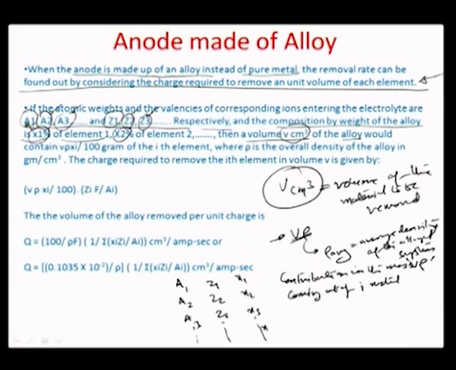Let us say so on and so forth, you have a case where you have the ith metal of percentage xi with a valency zi and an atomic weight of ai. So, if the ith metal, this formulation so called would get converted into V rho xi by 100. Okay. So, this much is the mass contribution of the ith metal in the total mass V rho of the alloyed system, where we assume that V centimeter cube of volume is coming out of the system. So, this is the mass in grams of the ith element. Okay.